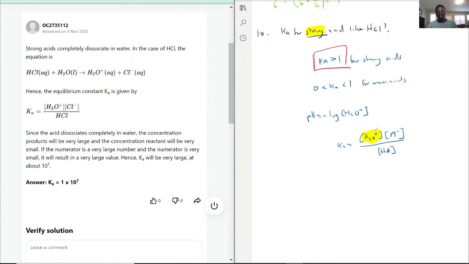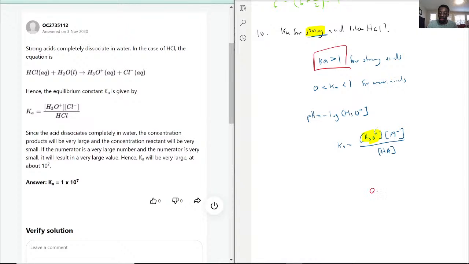In this one, they gave a theoretical number here. As I said, the numerator is very large compared to the denominator. For example, if we had 0.5 dissociate, we have 0.5 over almost 0. Sorry, I phrased that wrong.